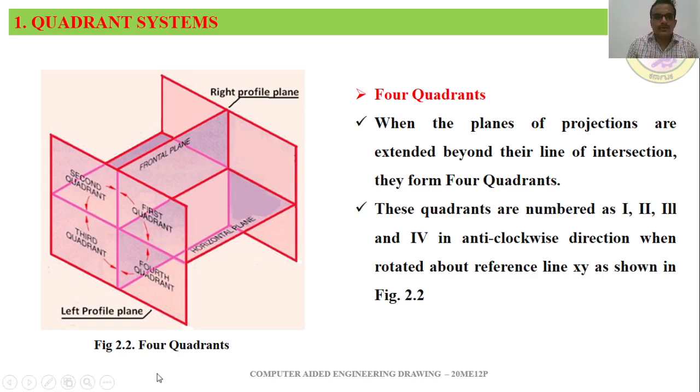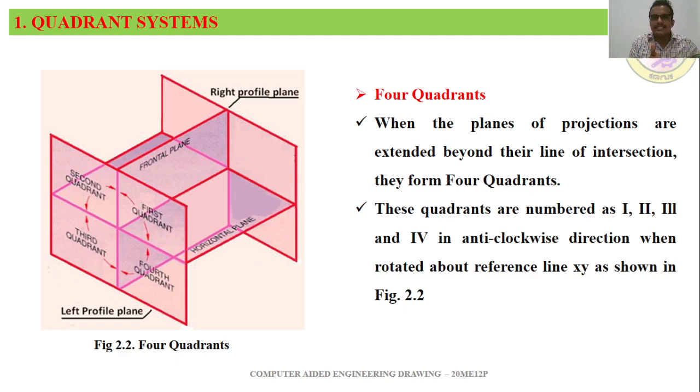What does that mean? See here, in session 1 we understood there is only the frontal plane. Now I am extending this frontal plane to the bottom side, and we understood what the horizontal plane is, and we are now extending this horizontal plane to the other side, beyond the intersection of the frontal plane and the horizontal plane.